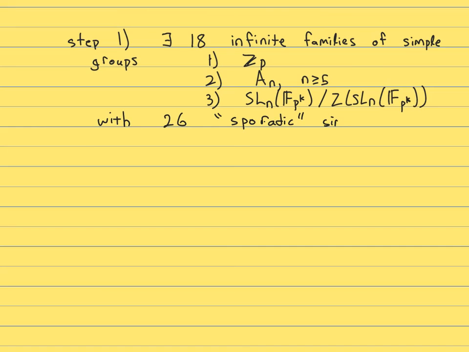So these are 26 groups that defy classification. They don't belong in any of these 18 sequences. And one of them is called the monster group. I might talk about it at some point.